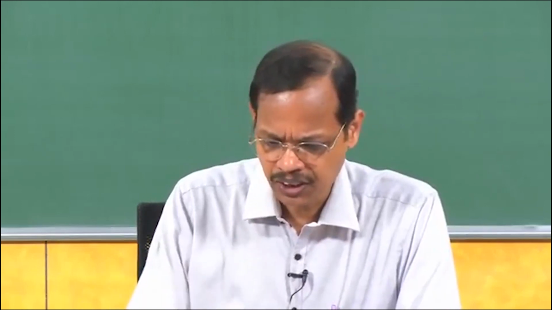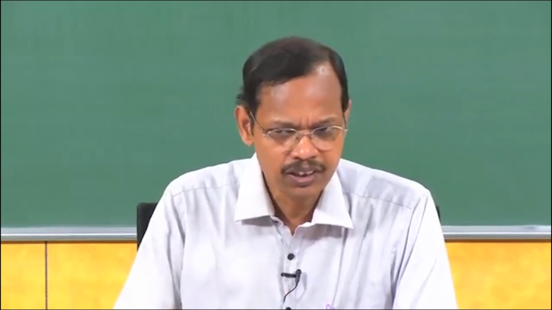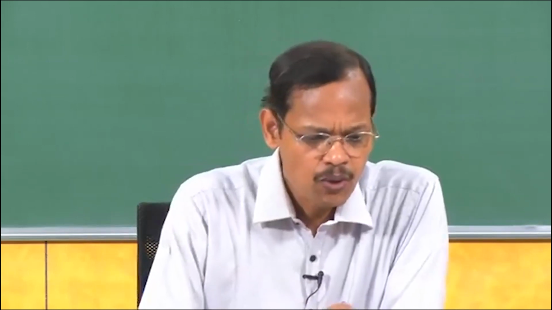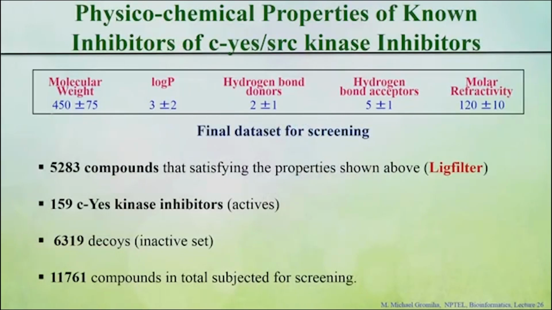So, from this 159 you can calculate the physicochemical properties, right, different properties you can calculate. For example, take the 5 important ones: molecular weight is 450 plus or minus 75, right, in this case 375 to 525, log P is 3 plus or minus 2, hydrogen bond donors is 2 plus or minus 1, acceptors 5 plus or minus 1, and the molar refractivity 120 plus or minus 10.